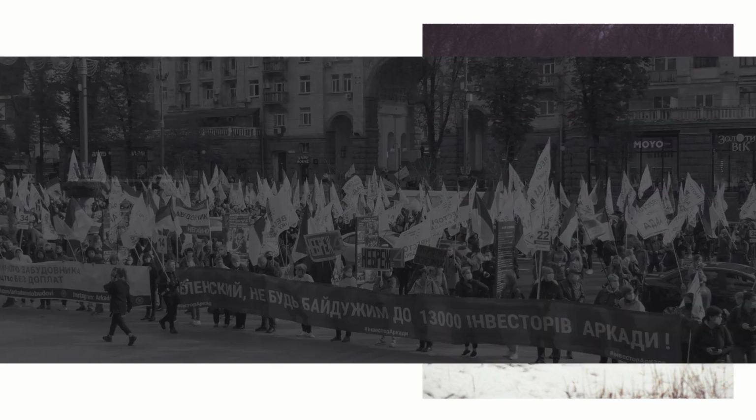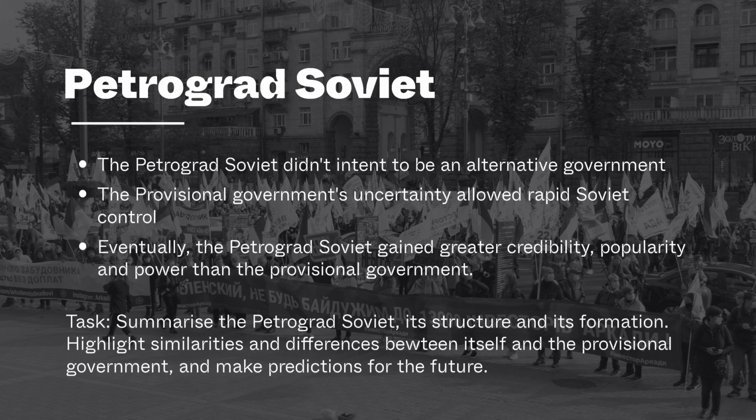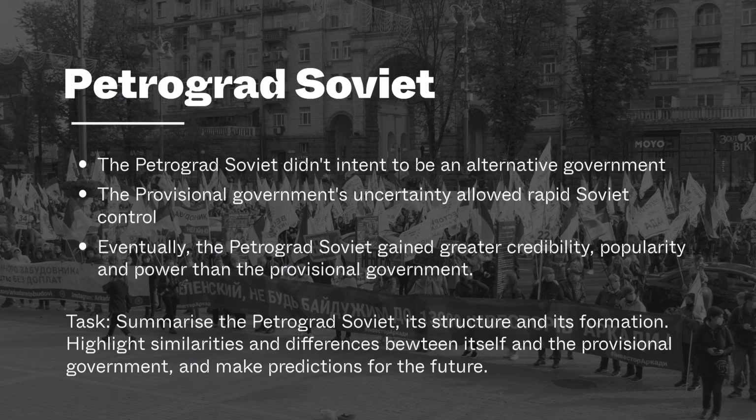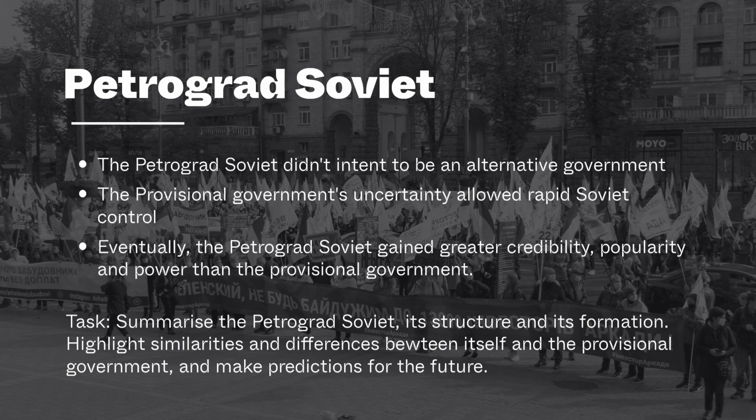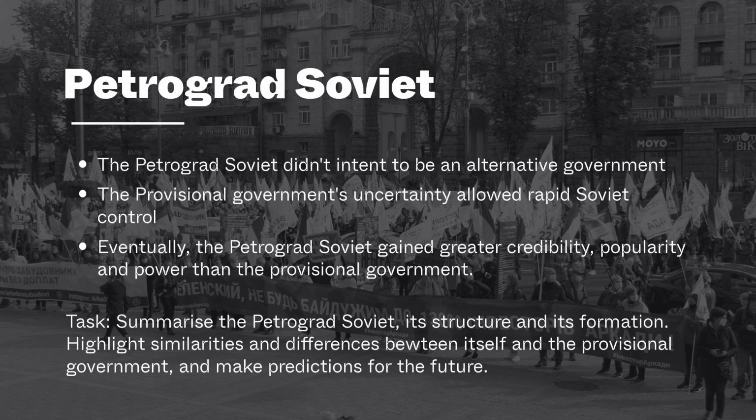The Petrograd Soviet did not set out initially to be an alternative government. It had been established in the earlier revolutions of 1905. The Soviet regarded its role as supervisory, to monitor the situation and treatment of workers. However, the provisional government often seemed unsure of its own authority, giving the Soviet greater prominence.